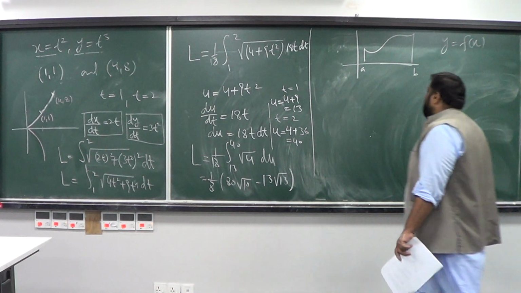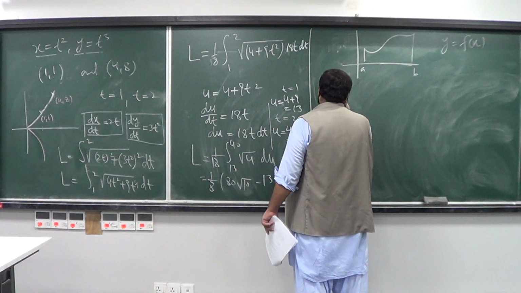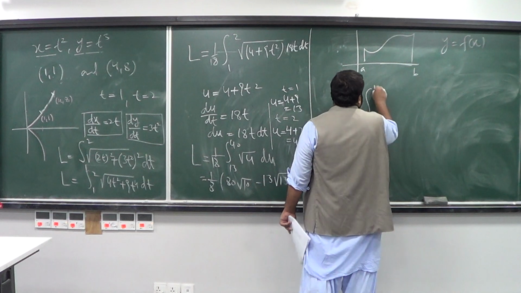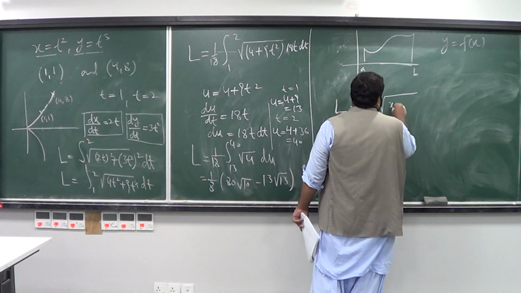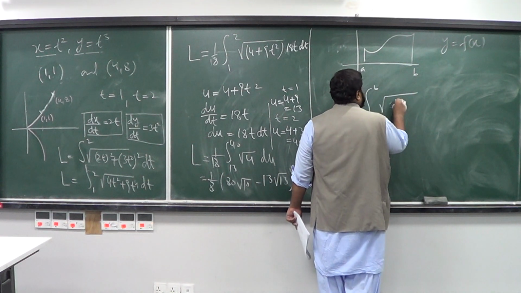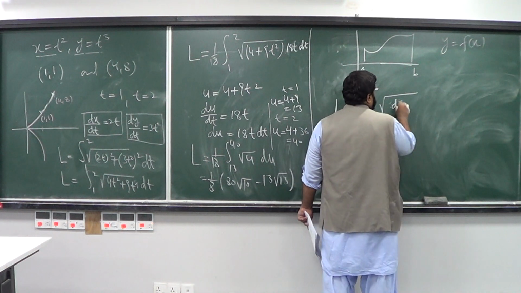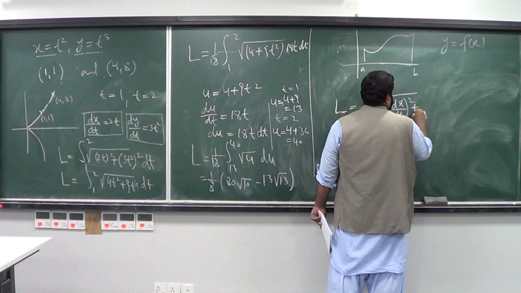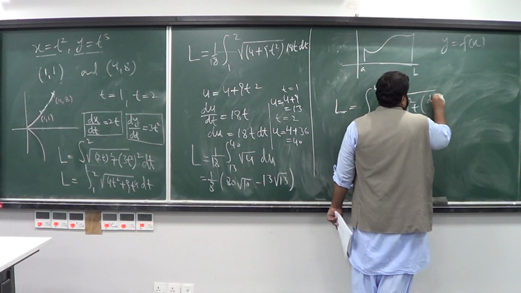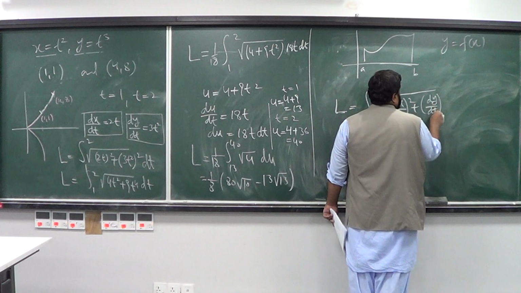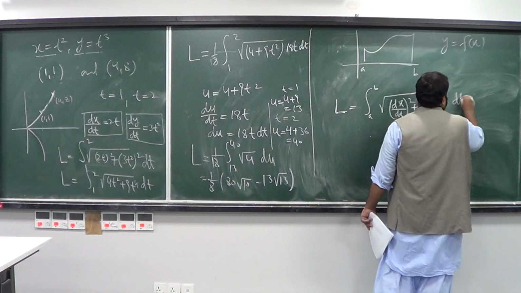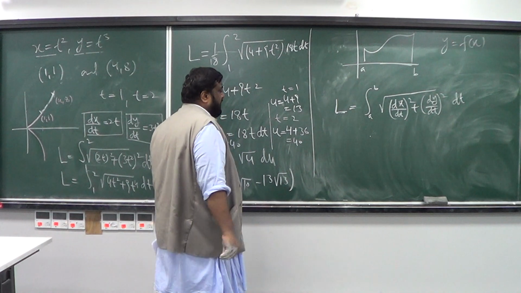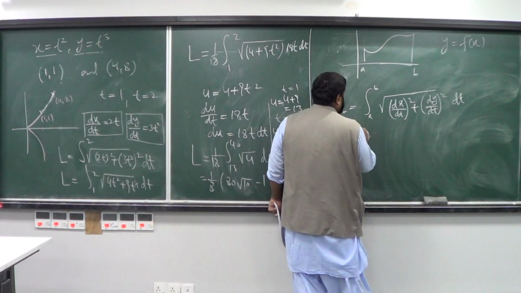The answer is that you can deduce it from the same formula. So what is the formula? Integral from a to b square root of dx by dt square plus dy by dt square and dt. So I can do this.